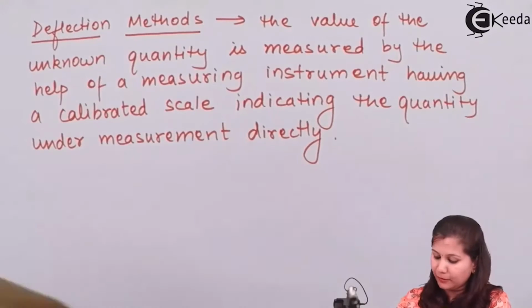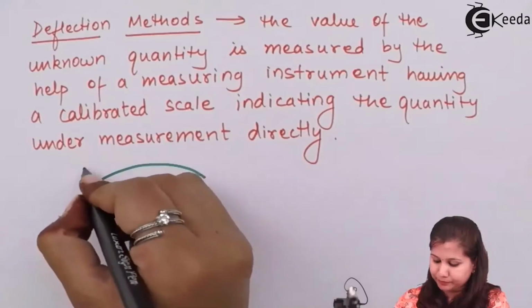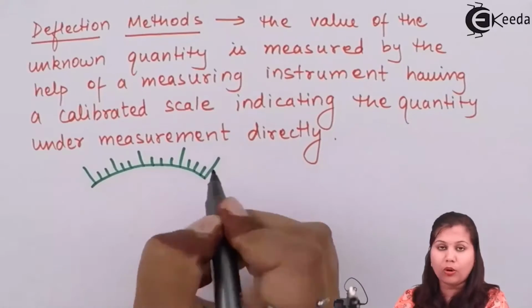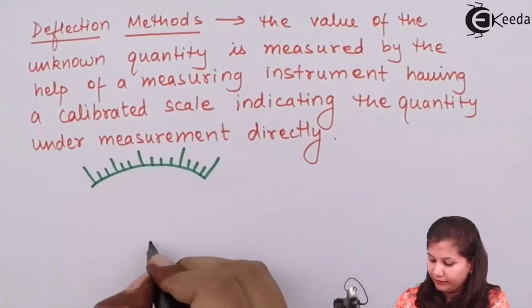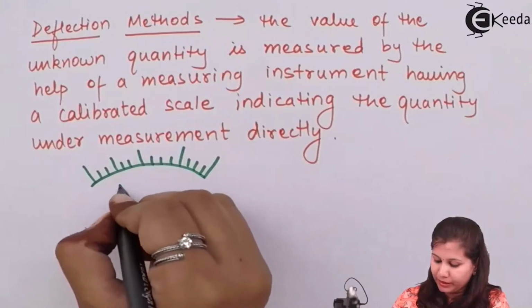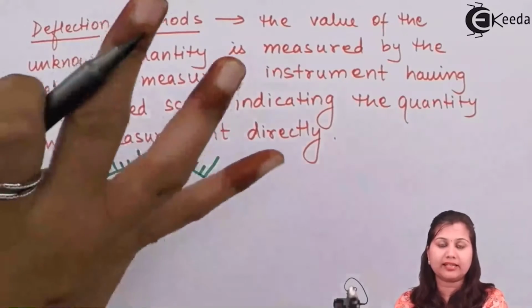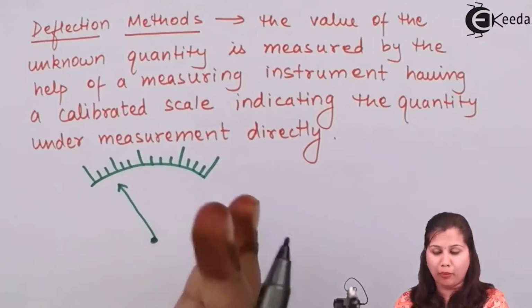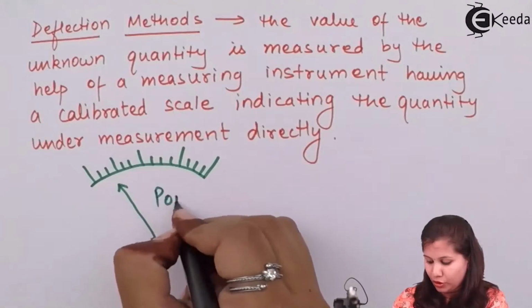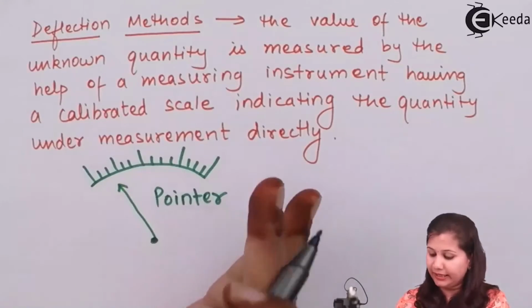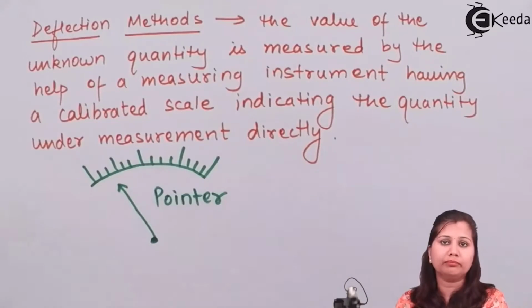In this case, we will have the scale with divisions, and these divisions are already calibrated. Then we have a pointer, and whenever this measuring instrument is connected in the circuit, it will deflect the pointer on this calibrated scale, indicating the value of the unknown quantity.